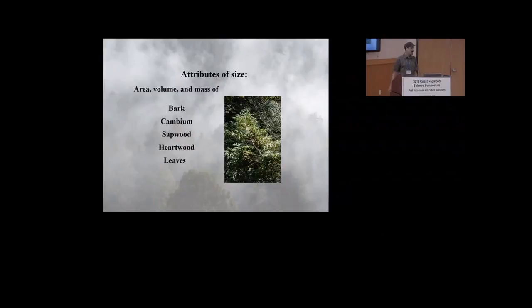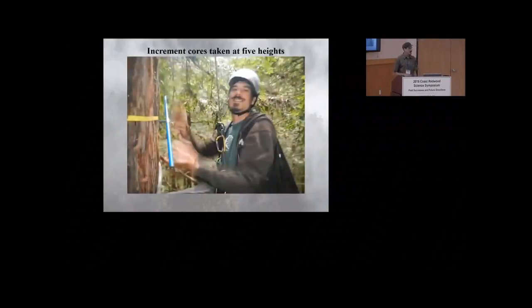And that data was combined with data from 34 other branches from concurrent research to build allometric equations for predicting these attributes. And then the equations were applied to the remaining branches. The 2 increment cores at 5 evenly spaced heights were collected to measure bark thickness, sapwood thickness, trunk age, and growth.